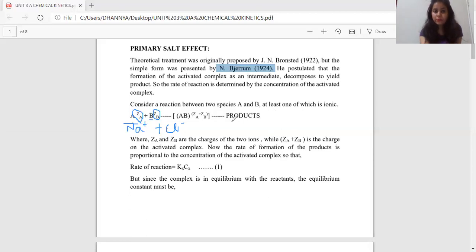For product formation to take place, they need to form an intermediate complex or a transition state. Now, what is called a transition state? To understand in a simplified manner, a transition state is any state which has a very transient existence, meaning the tendency to cross the energy barrier is very high.